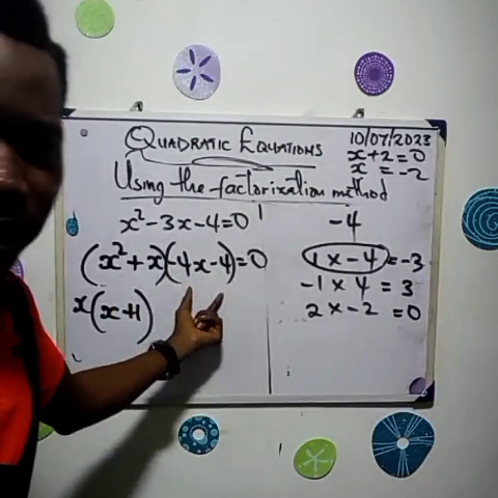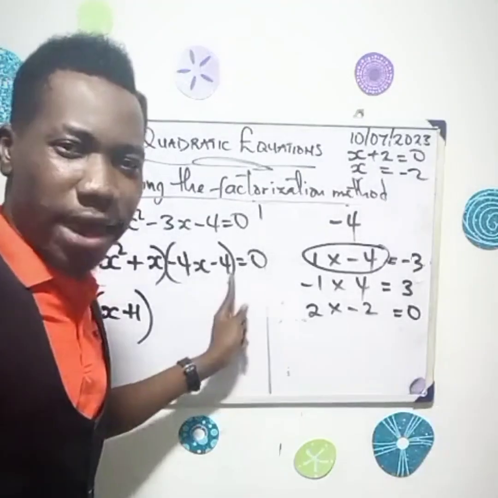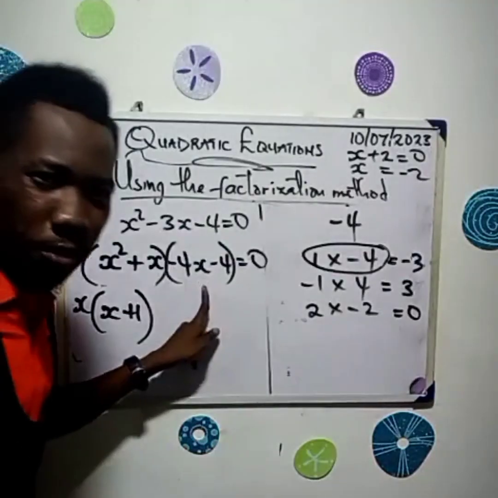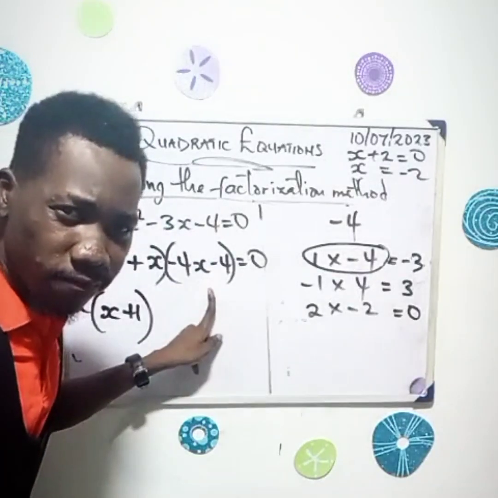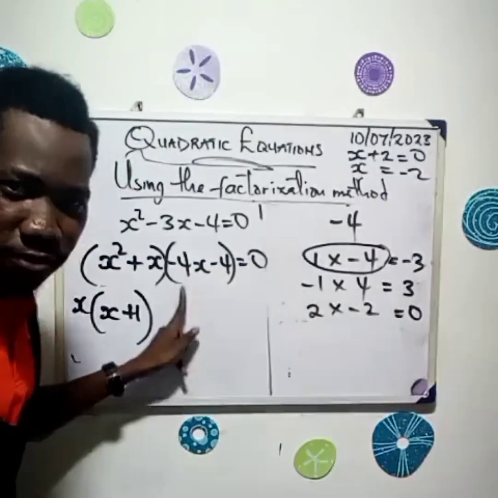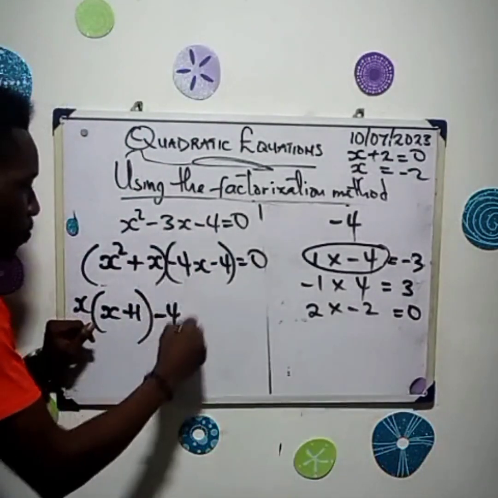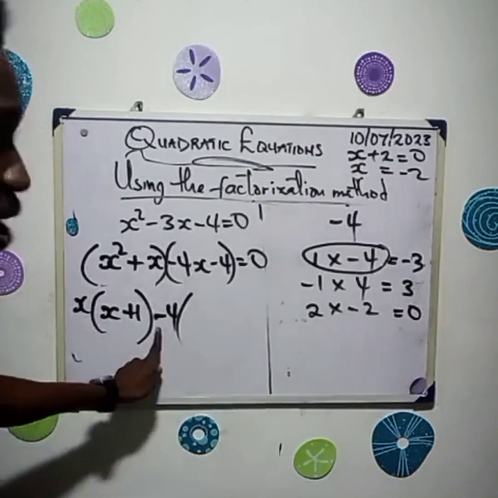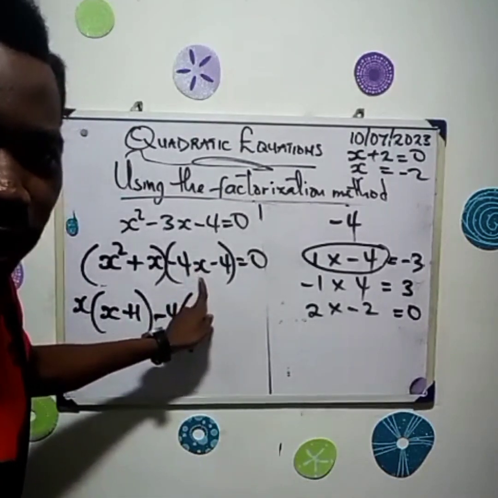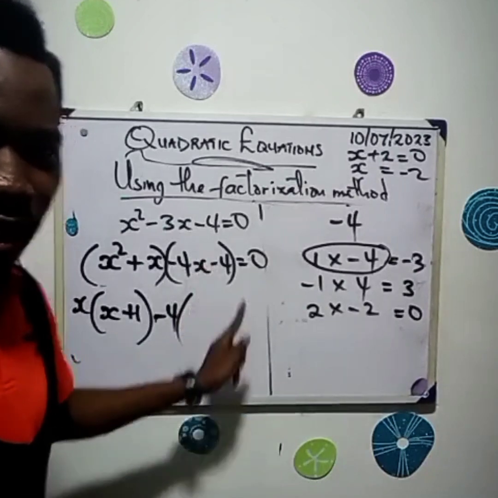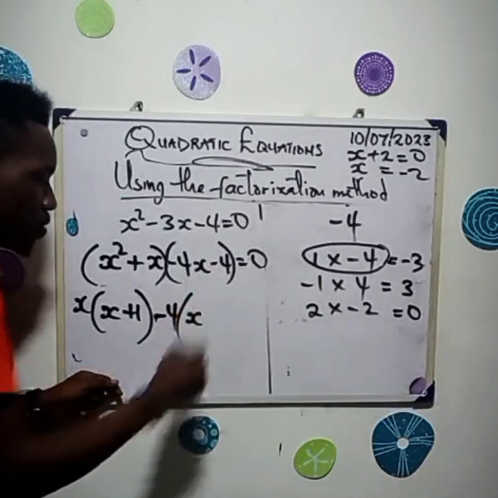Then we come to this bracket also: minus 4x minus 4. The common factor is minus 4. So minus 4 into bracket. Minus 4 times what will give us minus 4x? Minus 4 times x is minus 4x.